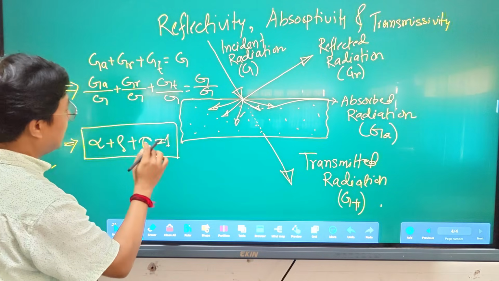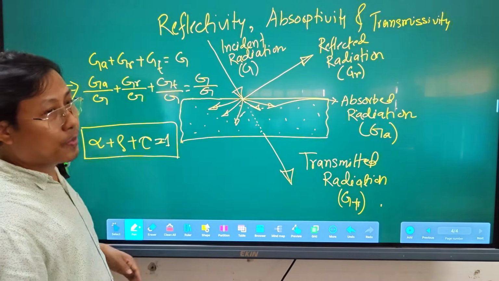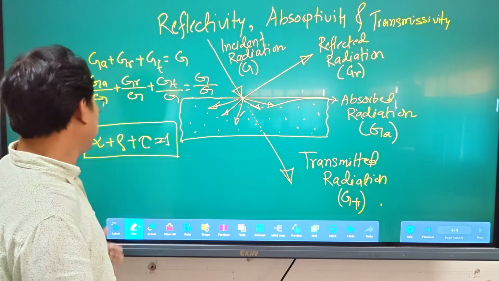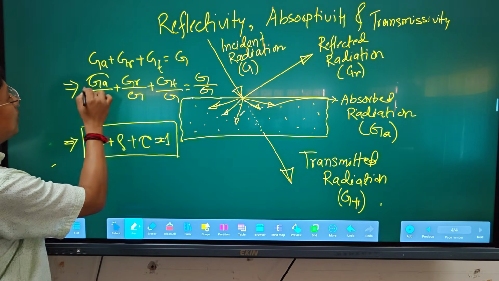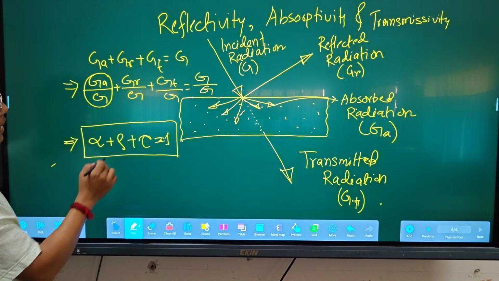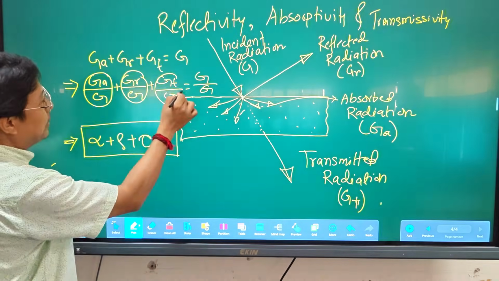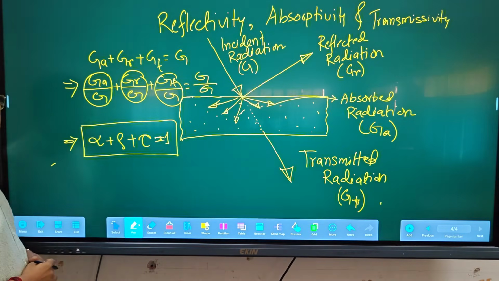So this is the very basic equation we obtain by applying the conservation of energy. Here alpha means G_A by G, rho means G_R by G, and G_T by G means tau.